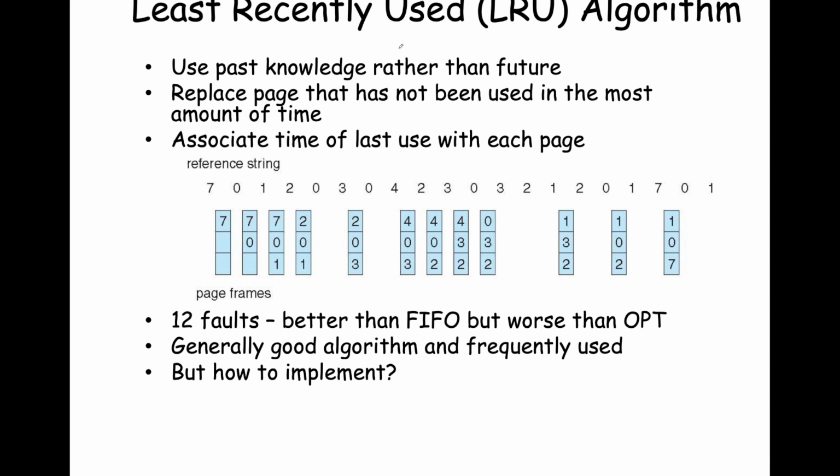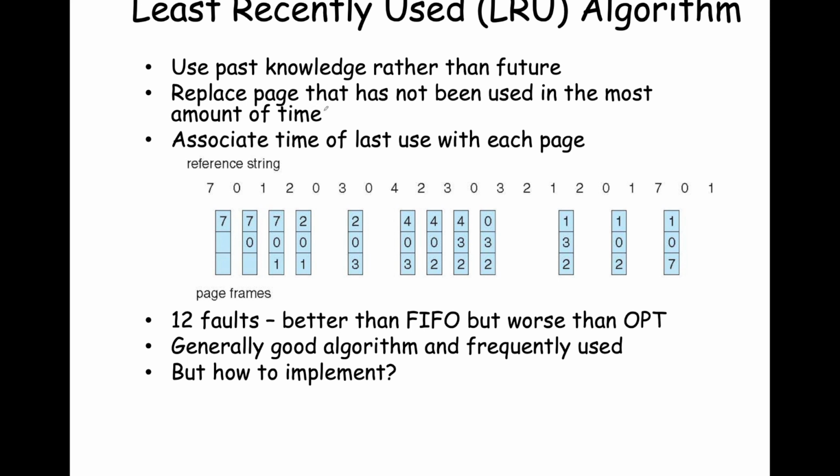And so with this least recently used, you replace a page that hasn't been used in the largest amount of time. And so if you're using a page, referencing it 10 times, and another one is being referenced one time in the past, then that one referenced one time is more likely to be selected as a victim than the one that's accessed more recently.